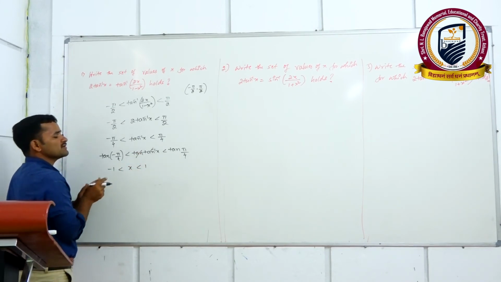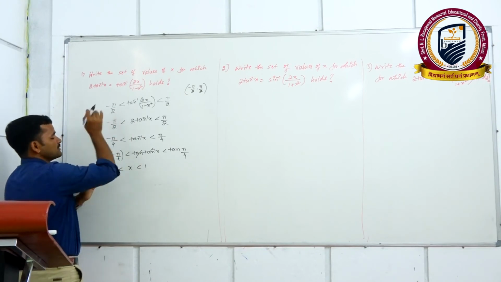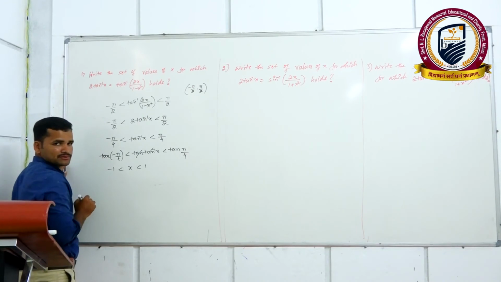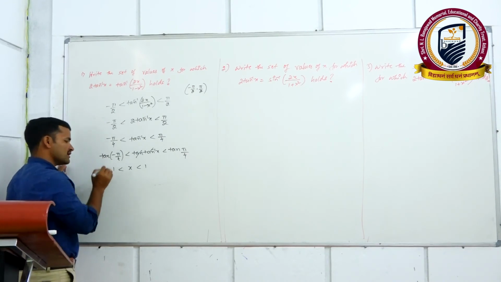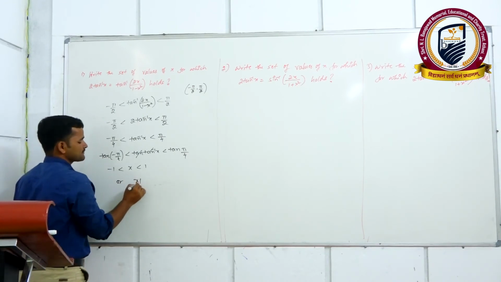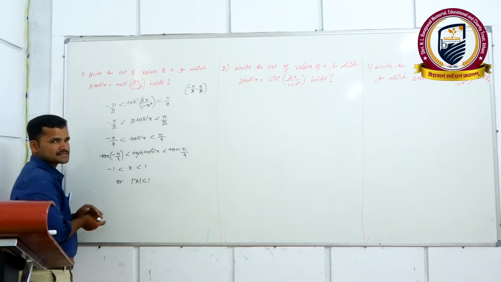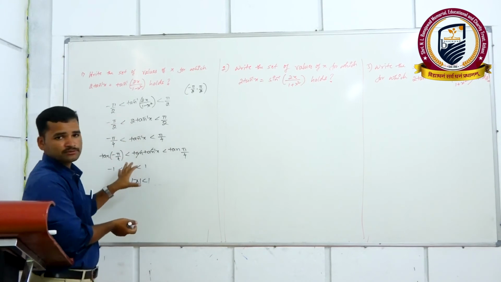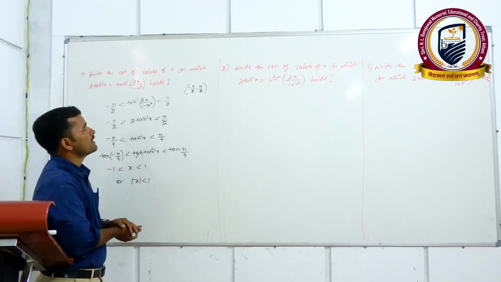Means the set of values of x which satisfies the above expression is the open interval minus 1 to 1, or this can also be written as modulus of x less than 1. You don't need to remember it like this, you should be able to solve it.